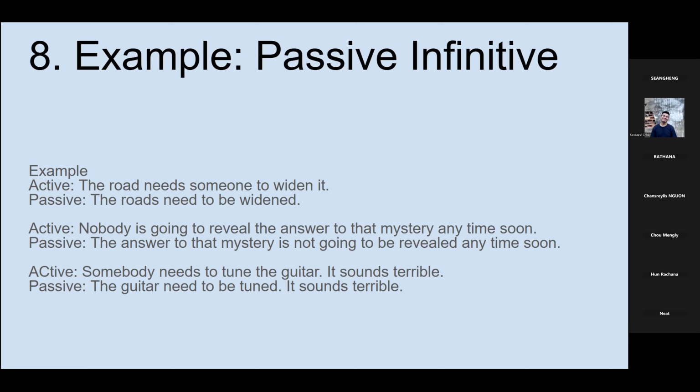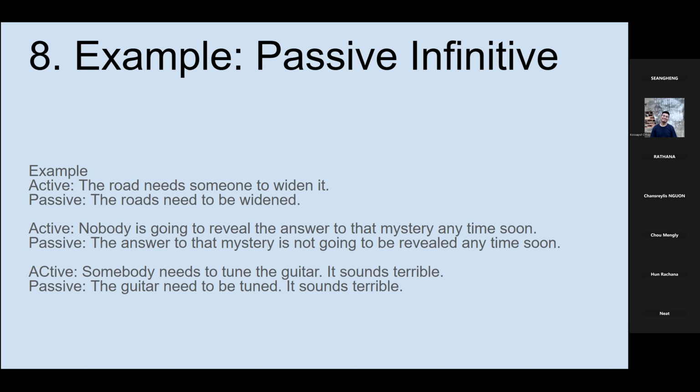First we should find the verb, here need. Need is a verb followed by an infinitive, so that we can transform active to passive infinitive. The example: the road needs to be done.